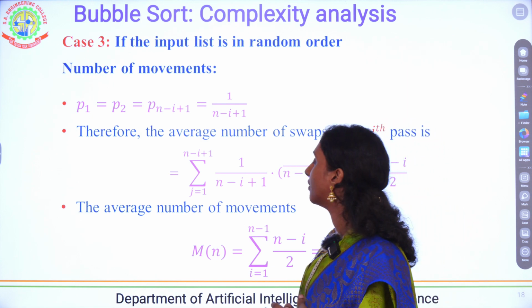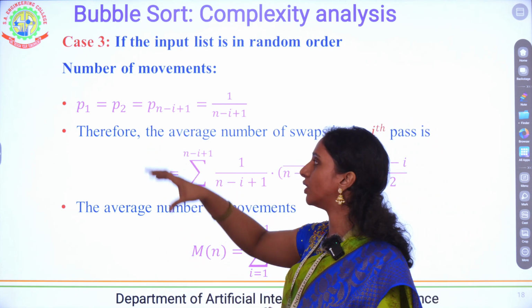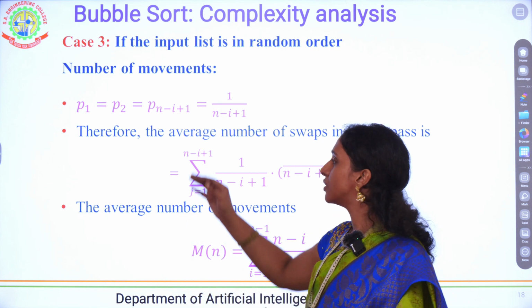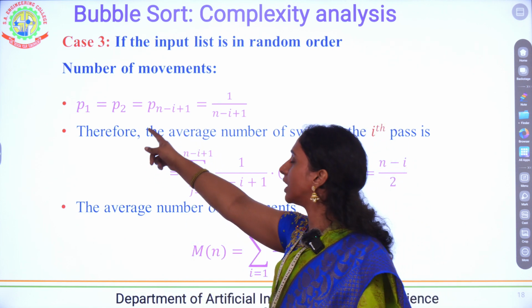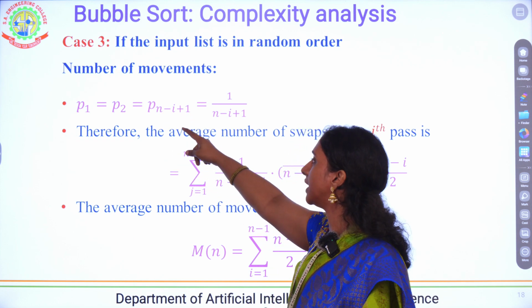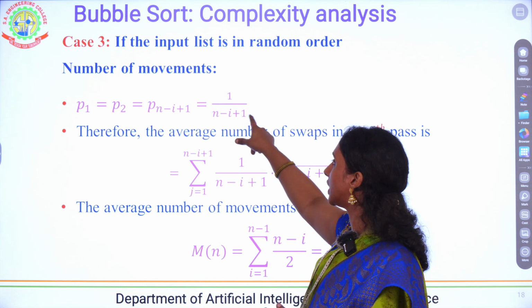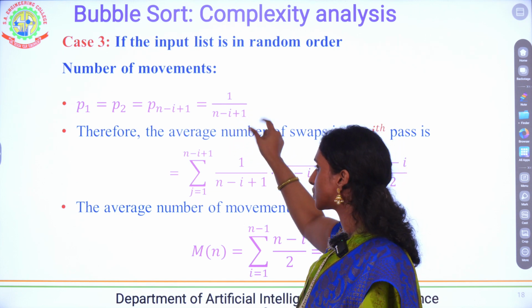Here, as we can see, the probability of each location remains the same. So we can take P1 equal to P2, that is equal to P of n minus i plus 1, which is equal to 1 by n minus i plus 1.